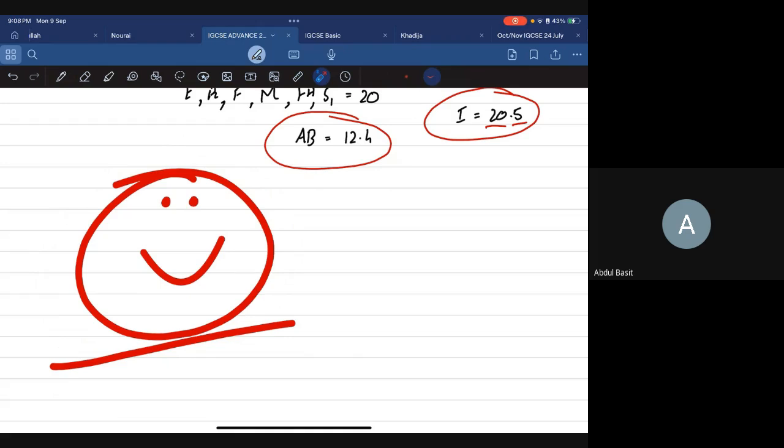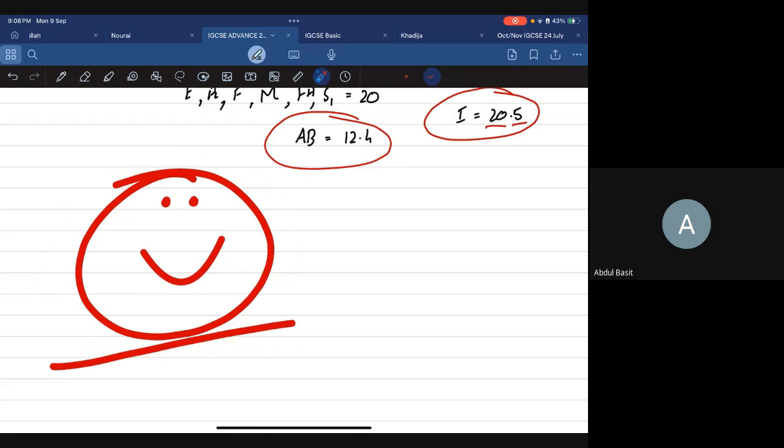Sir, I didn't get the sketching and tangent or sine graphs. All right. You didn't get the sketching, the tangent, and the sine graph. Wait, let me open you up.